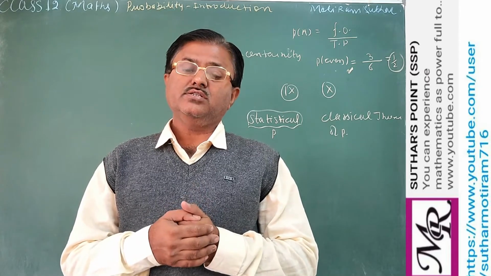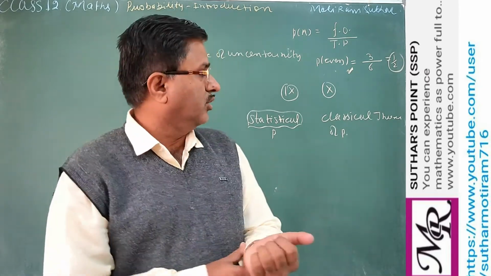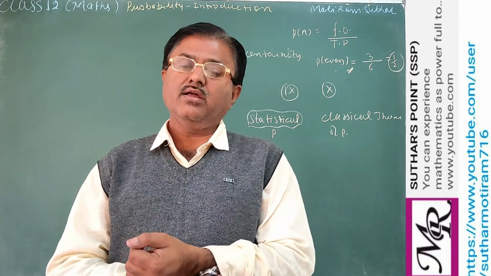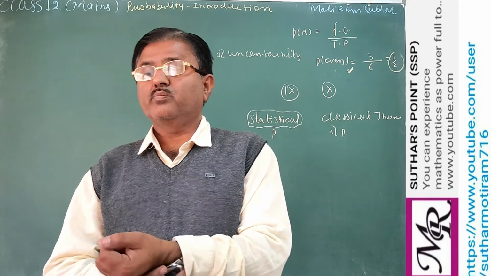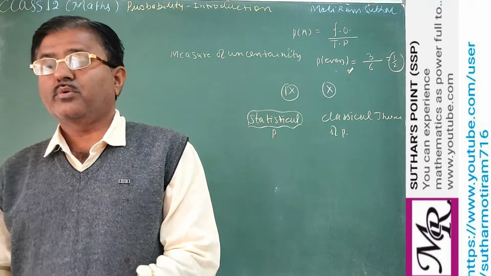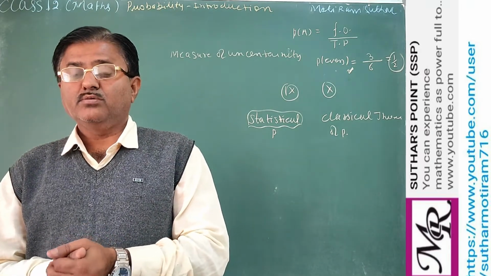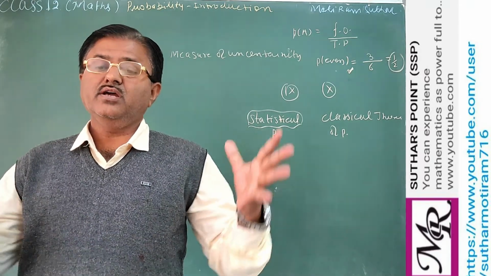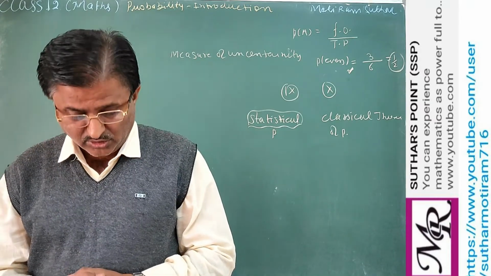In this case also these two theories fail to find the probabilities. So to find the probabilities of this type we need a third type of theory.